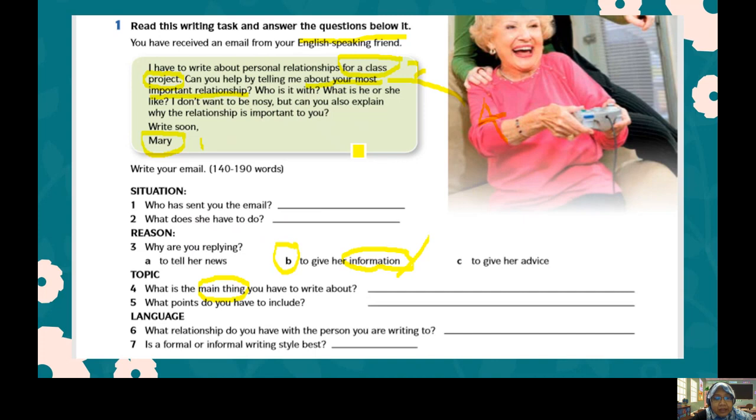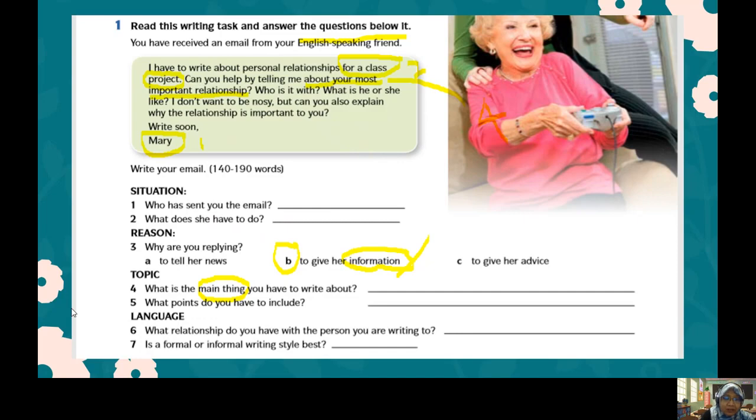Next one. What points do you have to include? Apa lagi isi yang awak perlu masukkan dalam email tersebut beside the most important relationship, hubungan yang paling penting yang pernah kamu ada. Very good.